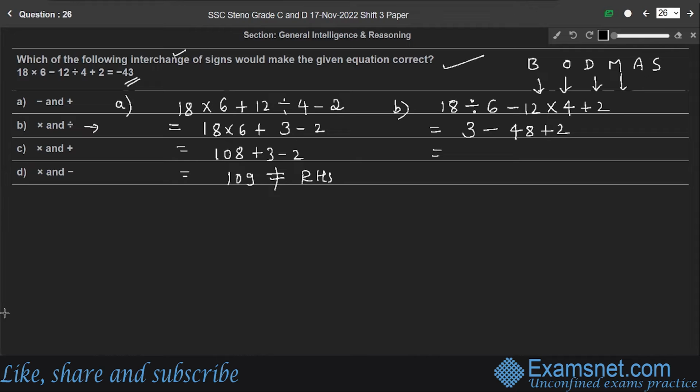Then go for addition: 3 plus 2 is 5, minus 48, which is equal to minus 43, which is equal to the right hand side part. Therefore, if we interchange multiplication and division signs, the given equation will get balanced. Option B is the right answer.